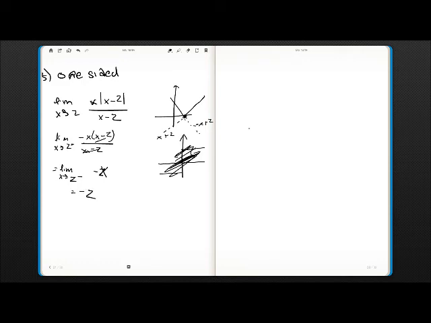But we also have to do the right side. We have only done the left side. From the right side, the function is x minus 2 over x minus 2, and the terms cancel out, leaving you with the limit as x approaches 2 from the right of 1, and that equals 1.